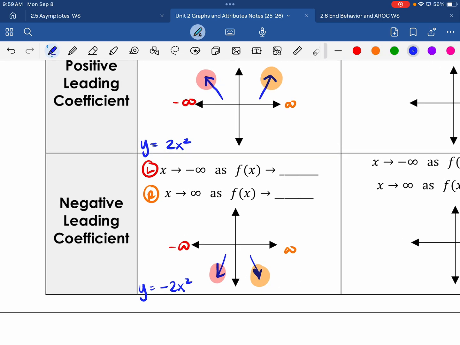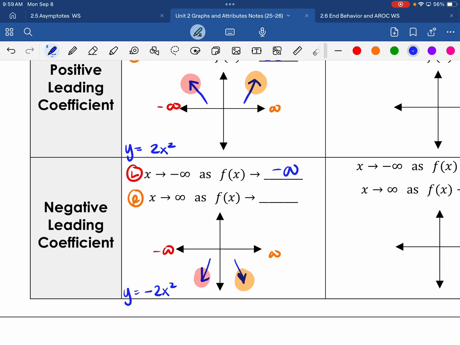So as x approaches negative infinity, that is the left side of my graph. That left side is going down. And as x approaches positive infinity, that is the right side. And the right side of my graph is also going down. And so it'd be negative infinity, negative infinity.